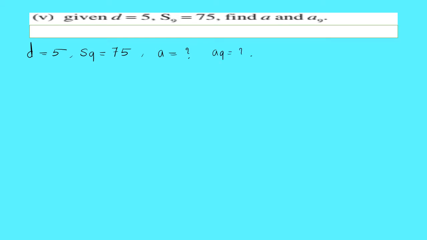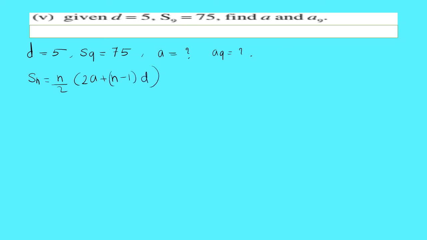Now S9 is given, so from this you can write Sn equal to n upon 2 multiplied by 2a plus n minus 1 multiplied by d.